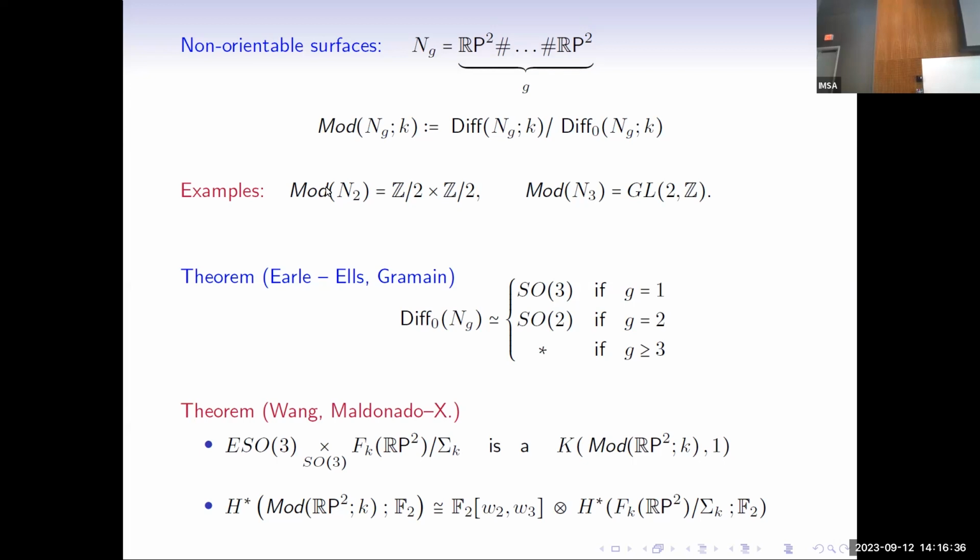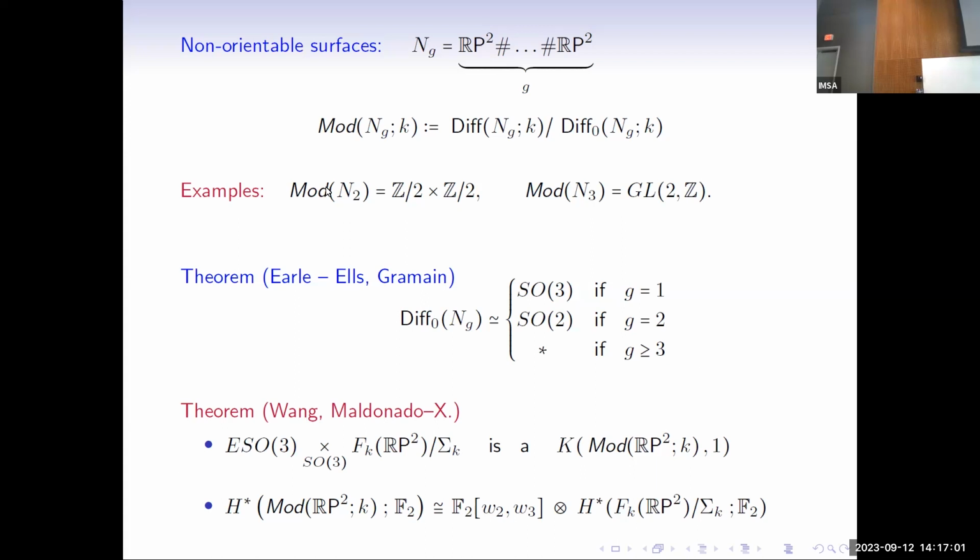So there's no need to worry about orientation here. And here are a couple of examples. So the case of genus 2 is the Klein bottle, and the mapping class group is the Klein four-group. In genus 3, the mapping class group is the group GL2(Z/2).